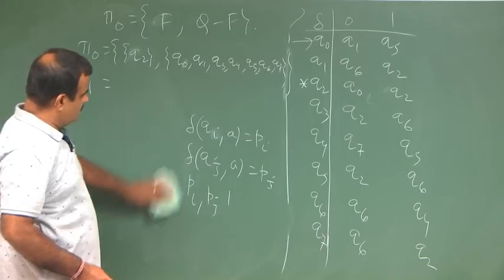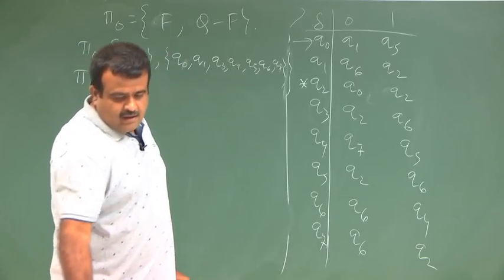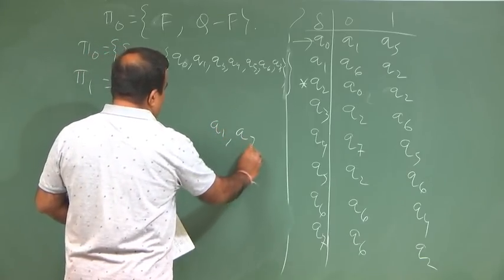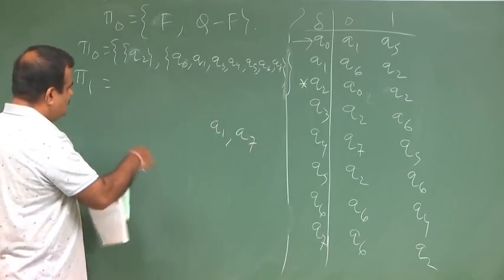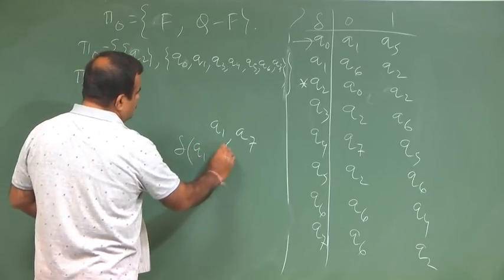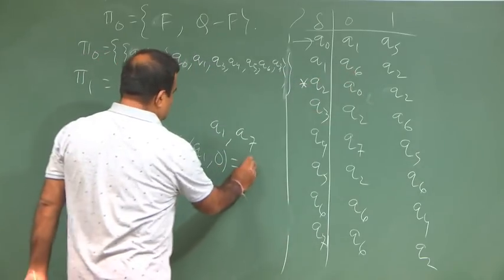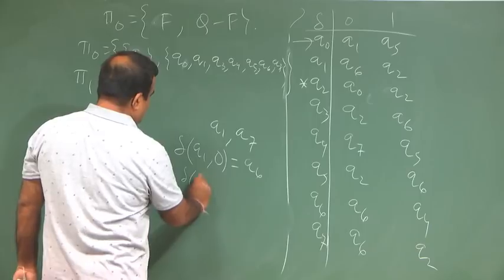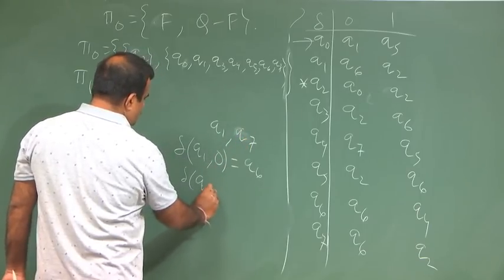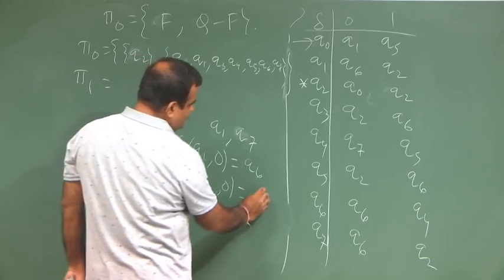So, this is the definition, this is the recursive way. If we check that, say for q1 and q7, we did this in the last class, but to elaborate here: q1 on 0 goes to q6, and q7 on 0 goes to q6.